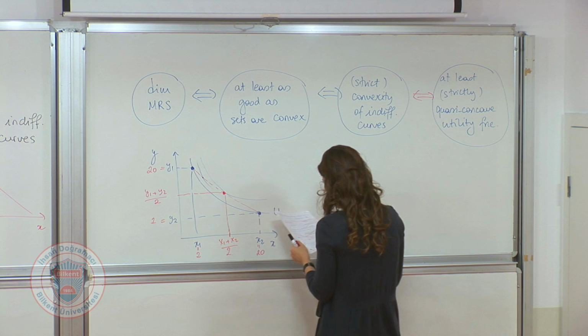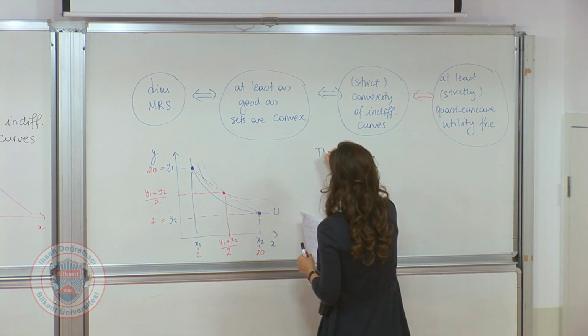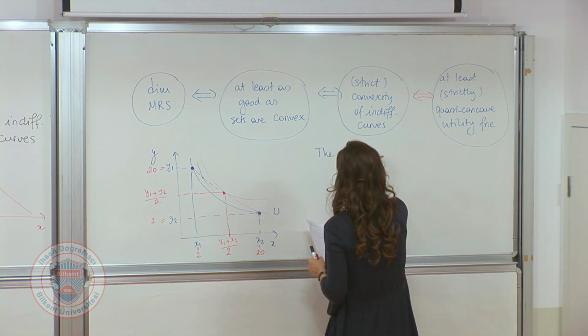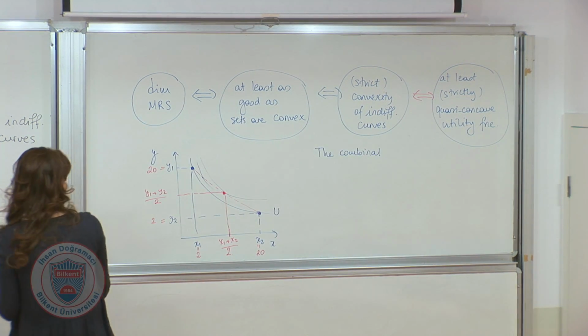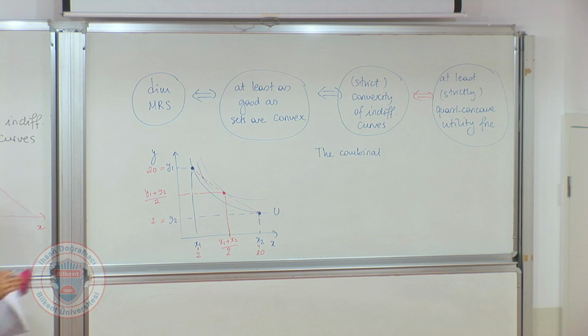So let me actually write this down. All convex combinations, okay? So I think it's better.